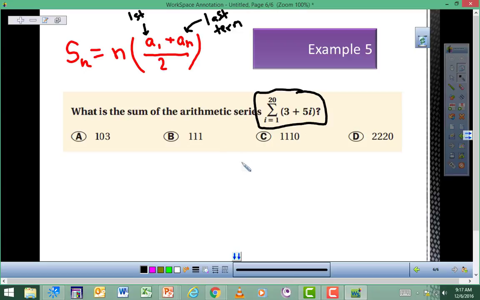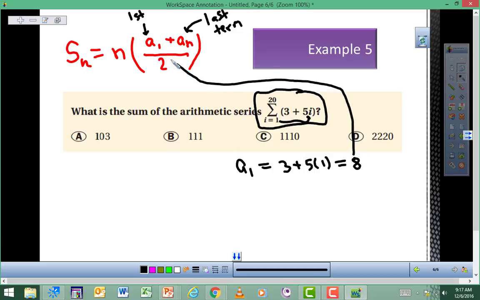So if I wanted to find out the a sub 1 term, I would just put this one in for i there, and I can find out the first one, right? And so that's going to be equal to 3 plus 5 times 1. And in this case, I get 8. Is that right? So I found out this 8 goes in right here.